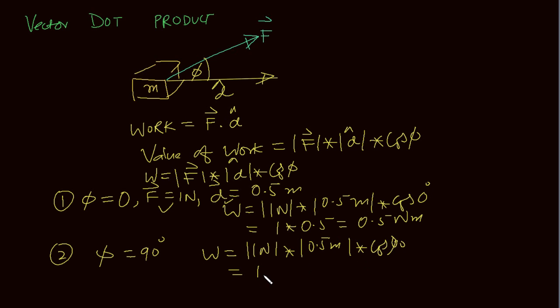So it's 1 Newton multiplied with 0.5 meter multiplied with 0 is equal to 0. And let me draw this with a different color so that we know.